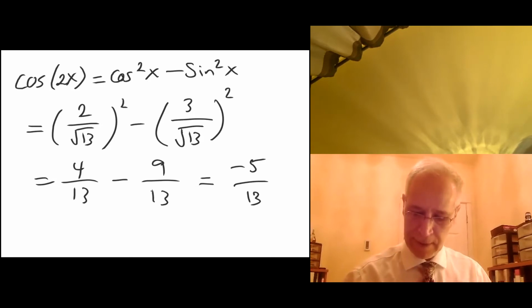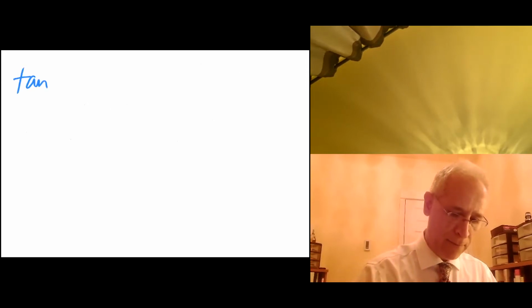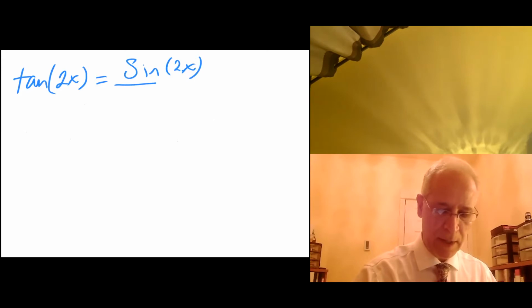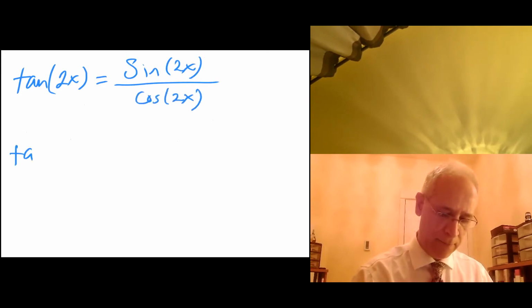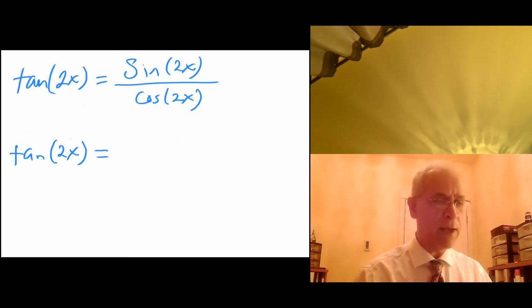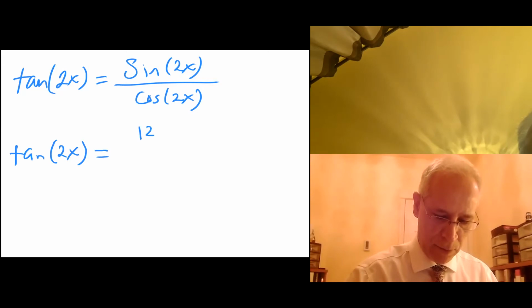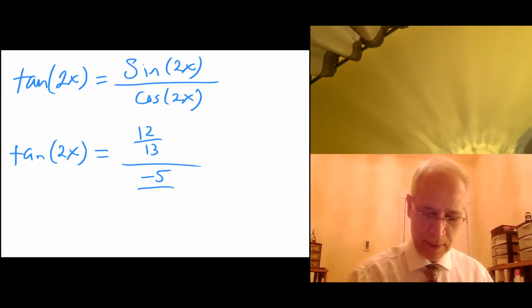And finally, tan of 2x equals sine of 2x divided by cosine of 2x. So tan of 2x equals sine of 2x, we found it was 12 over 13, divided by cosine of 2x, which was negative 5 over 13.